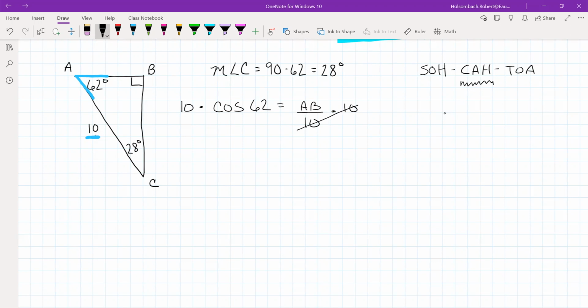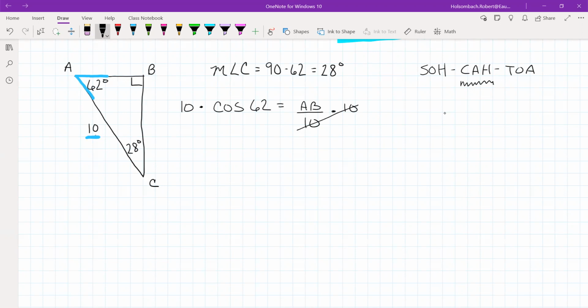Now watch, in your calculator, when you're using sine, cosine, tangent buttons or inverse sine, cosine, tangents, it's just like the square root symbol. If you're using the TI-30XA, you got to enter the number first, don't you? So we're going to do 62 cosine times 10 and hit equals.